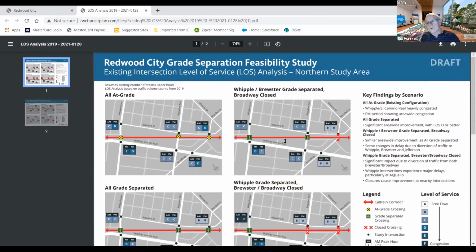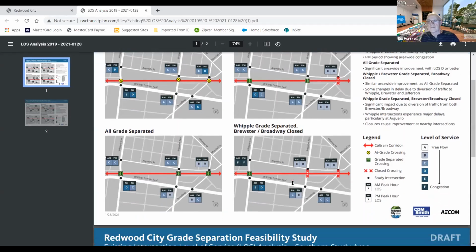But generally, if you compare with the existing here, you can see that overall conditions are the same or even a little bit better than existing by doing this. In fact, fairly much improved at the worst location there at Whipple and El Camino. So overall, there would be an improvement in terms of existing conditions.